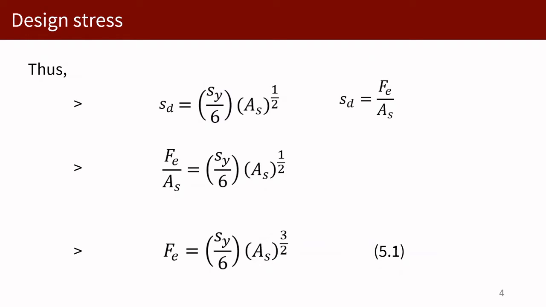But there are recommendations by several books for coarse threads. In using equation 5.1, basically we can get the external tensile load, F_E. We look at the A_S, or the tensile stress area.